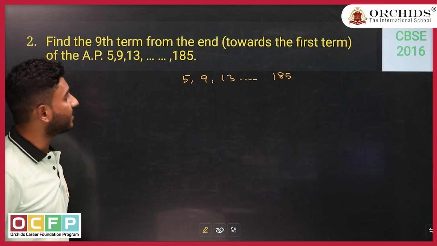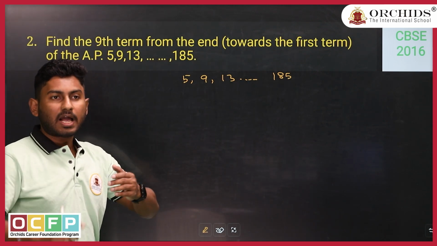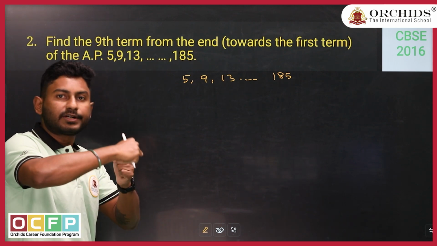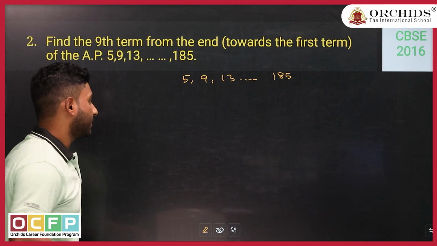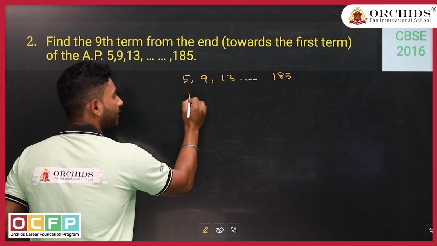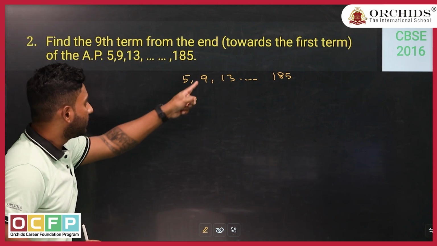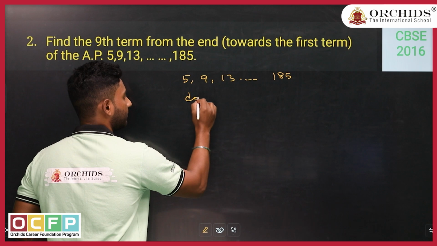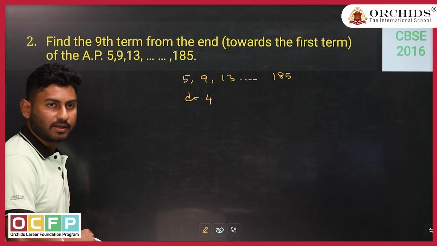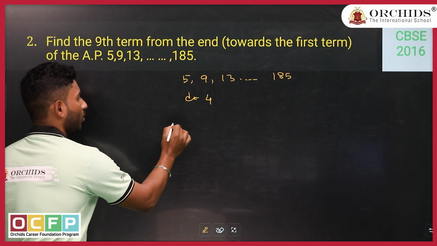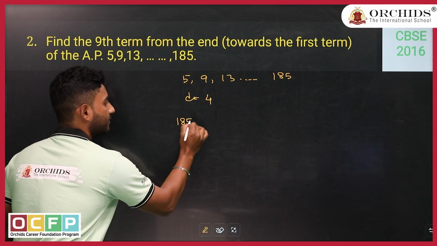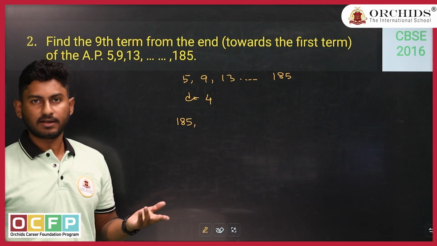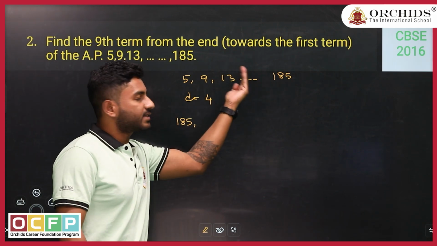Now since they are asking from the last term, what I will do? I will reverse the AP. Now before that, can you tell me what is the common difference? 9 minus 5, how much? 4. Great. Okay, so let me reverse it. 185 is the first term, correct? What could be the previous term?